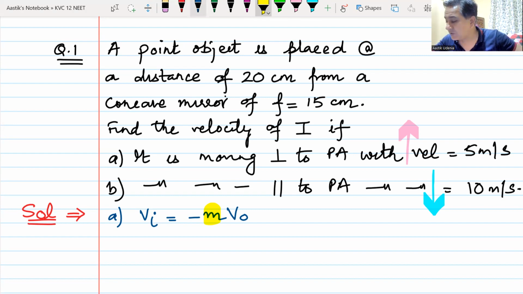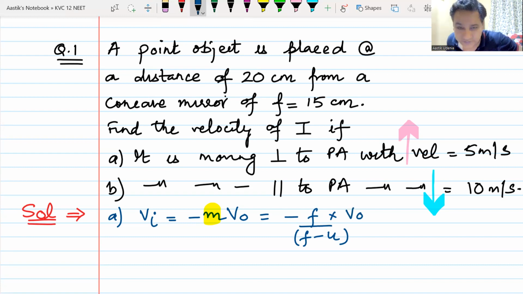Magnification is f upon f minus u, multiplied by velocity of object, V_O. You can use this shortcut formula.